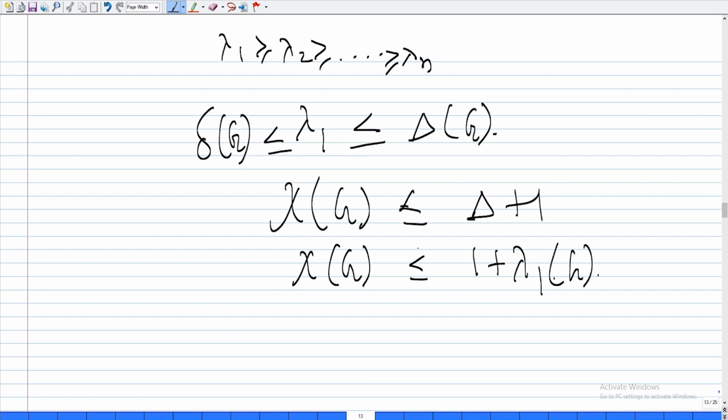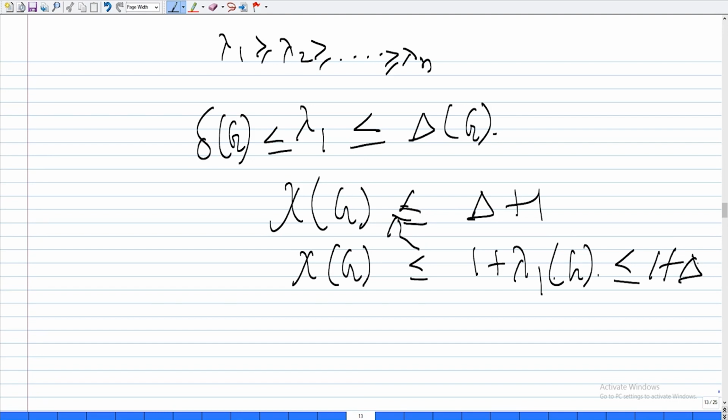In fact, this is kind of an insertion in between: it need not be delta plus 1, it could be less than or equal to delta also, and then 1 plus lambda 1 of g. So, these are something about the largest eigenvalue.